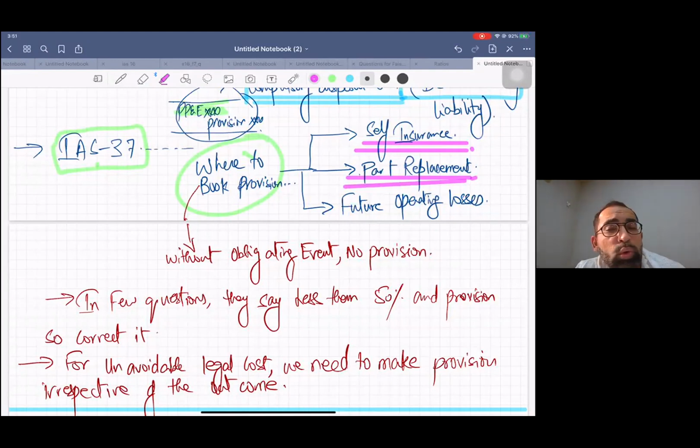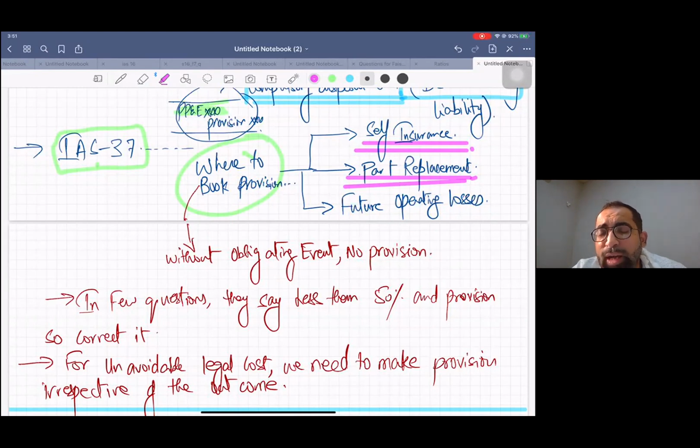No, not at all. Why? Because we don't have any present obligation. There is a possibility you sell the complete asset after 1 year. Then you don't need to change the spare part after 3 years. So that's not a present obligation.